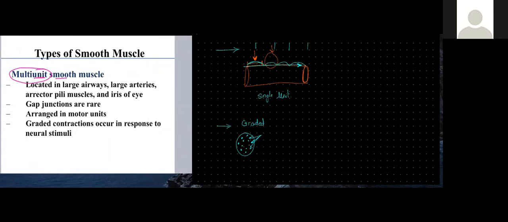This is how the skeletal muscles act. The same way as the skeletal muscles, we have a type of smooth muscle that performs a graded muscle contraction. What do we call the smooth muscles that perform graded muscle contraction? Those are my multi-unit smooth muscles.